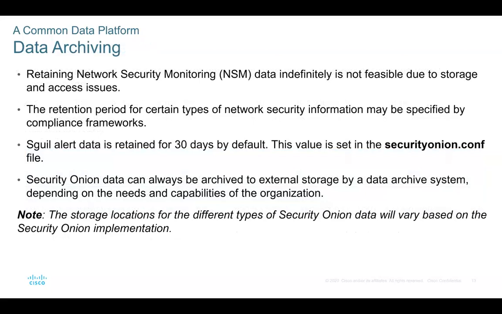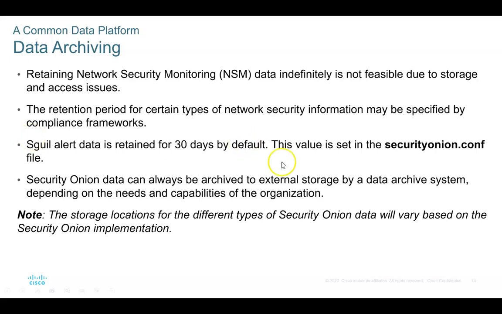Data archiving. It is not feasible to save all the data indefinitely, so at some point you have to get rid of data that you don't need. How long should you retain the data? Please write this down: Squil alert data will be retained for 30 days by default.